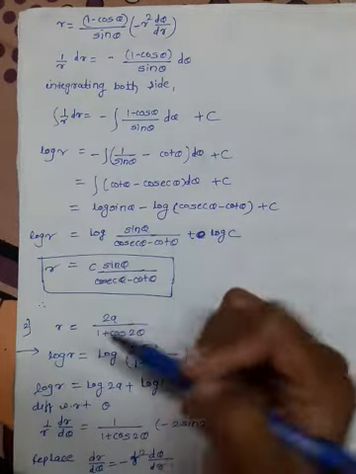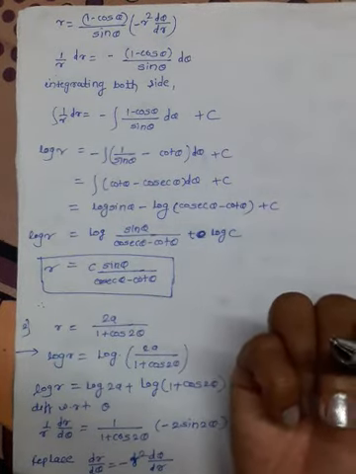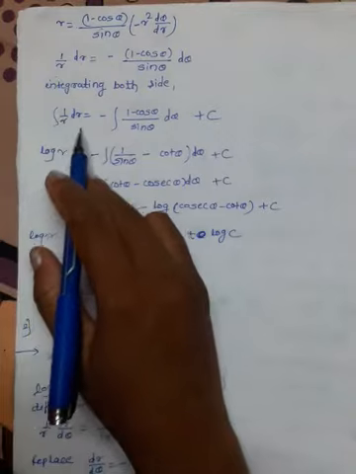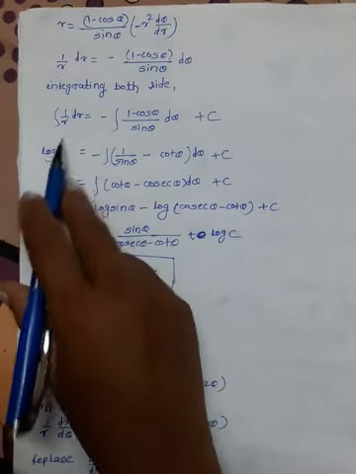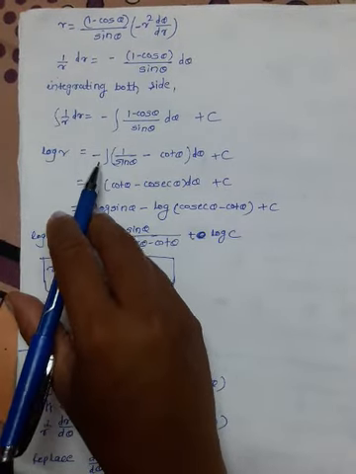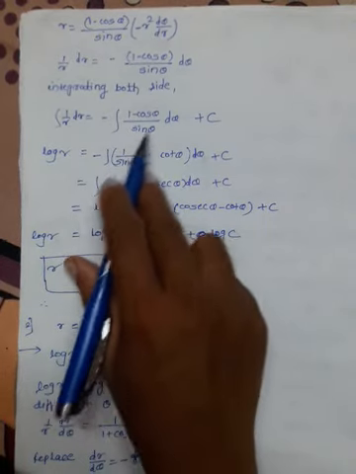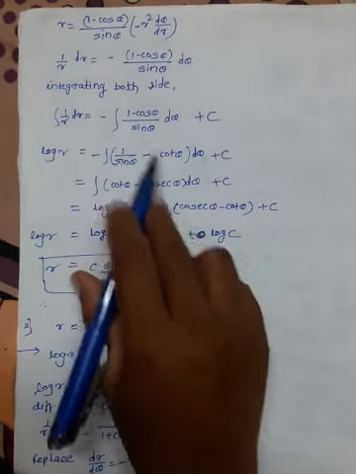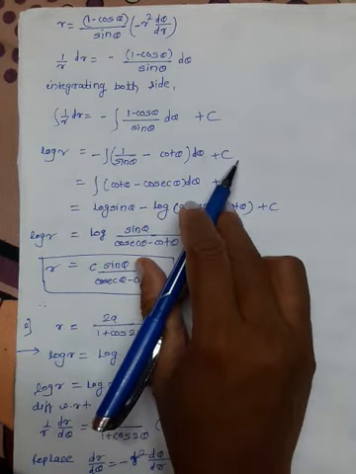Now here we have to use trigonometry and integration formulas. Integration of 1 upon x is log x, therefore integration of 1 upon r is log r, equal to minus integration of, separating this out, 1 upon sin theta minus cos upon sin, which is cot, d theta plus c.